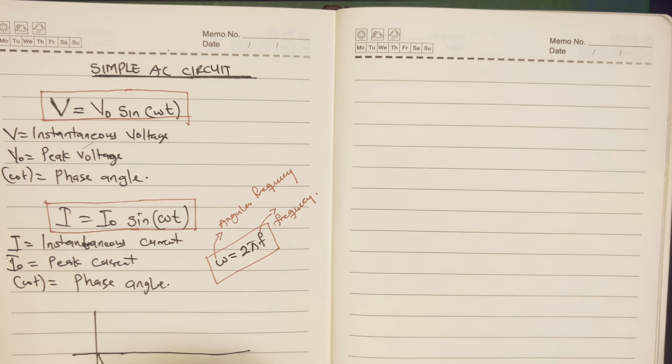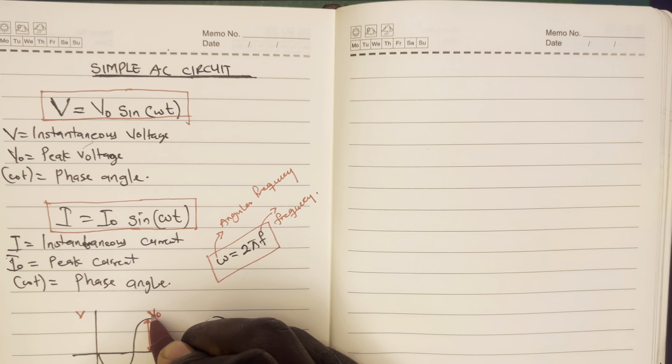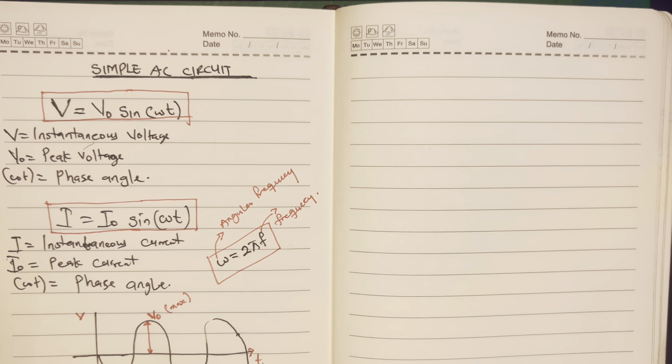The y-axis represents the voltage and the x-axis represents the time. So this wave diagram represents the changes in voltage with time. The maximum vertical displacement we have is called the peak voltage. Remember we said peak voltage is the maximum voltage reached in an AC circuit.